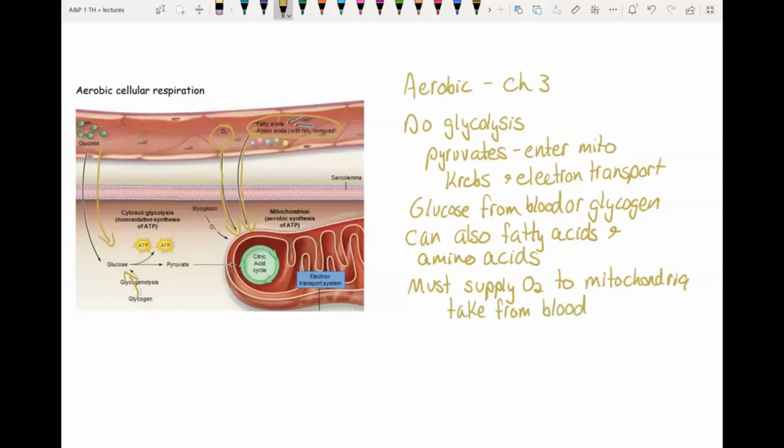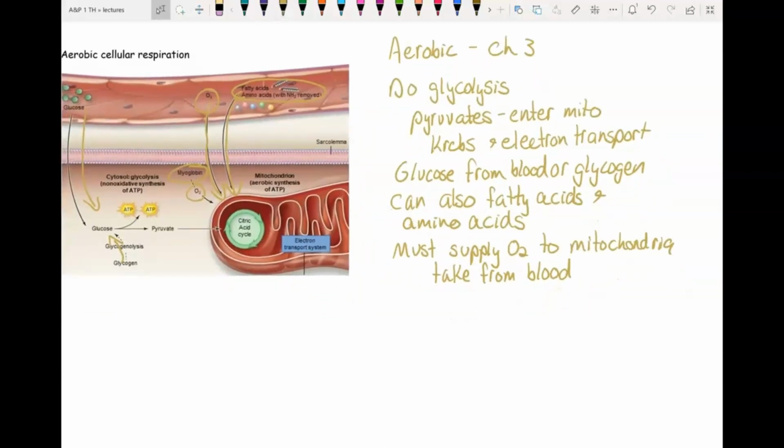So just like glycogen is stored glucose, you have myoglobin that stores oxygen in your muscles. So you can also get oxygen from the myoglobin in your muscles. So if we define myoglobin, it is a molecule in muscle that stores oxygen.